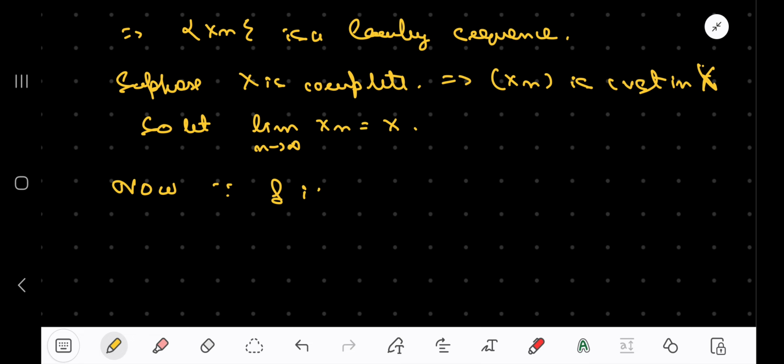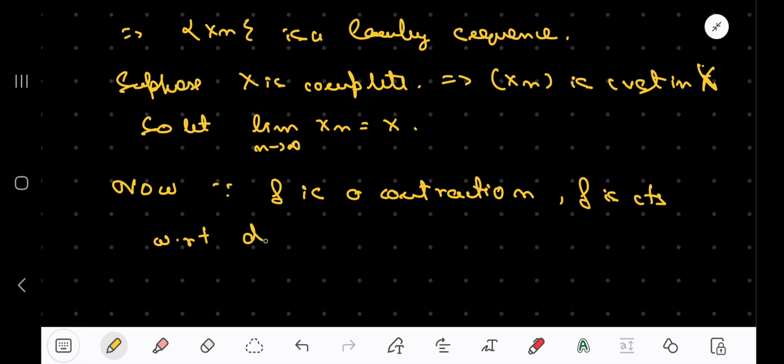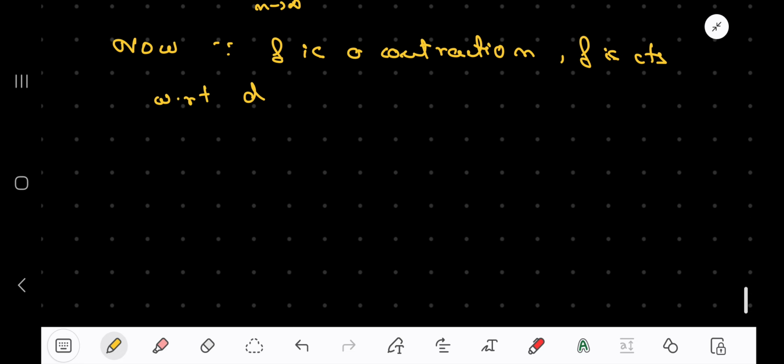Since f is a contraction, it is very easy to see that f is continuous with respect to the metric d. Just apply the definition of continuity and you are done.